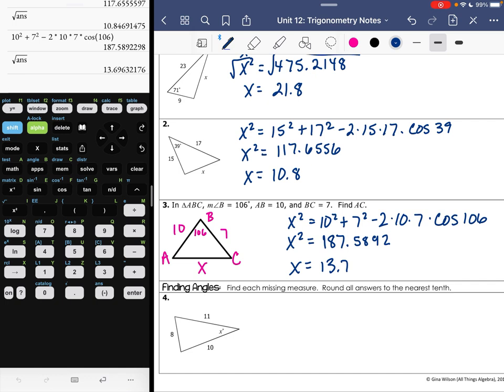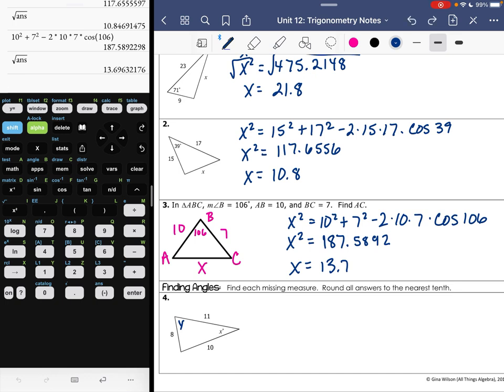Okay, so then starting with number 4, we've been given all the side lengths and we have to find the missing angle. And if you have all the side lengths, you can literally find any missing angle using the law of cosines. So we could just use this formula over and over, and we could find y, we could find z.